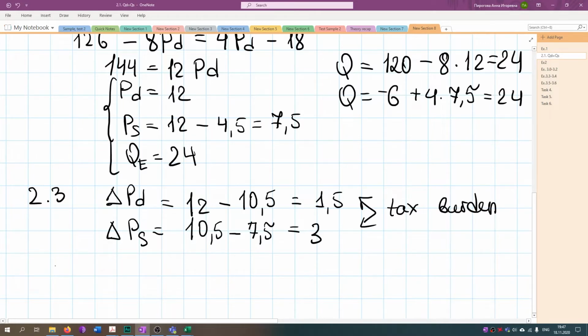And let's find elasticity of demand and supply in this case, just to practice this topic.